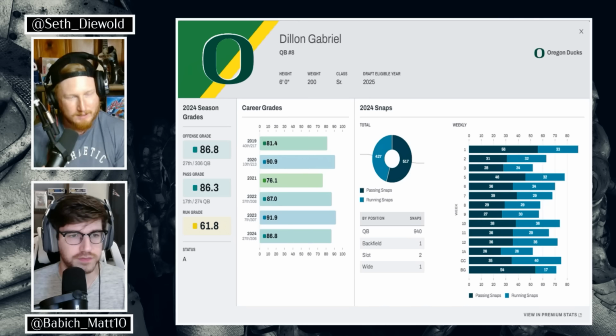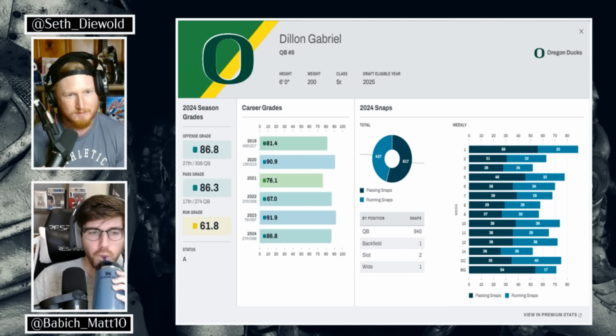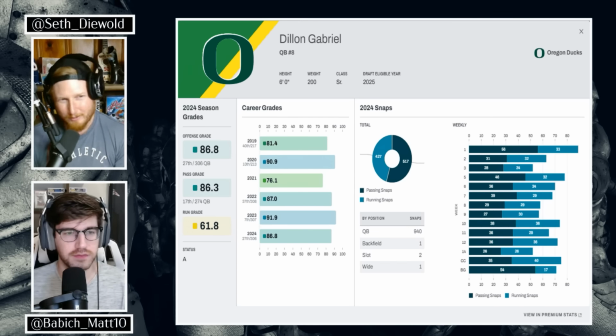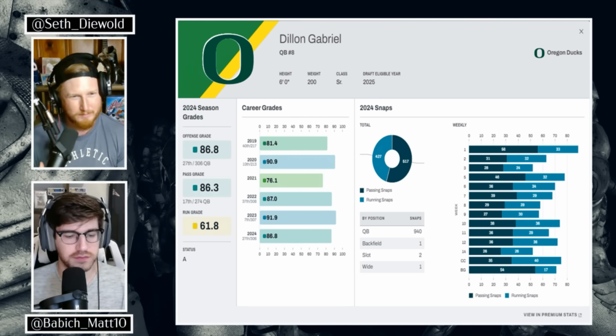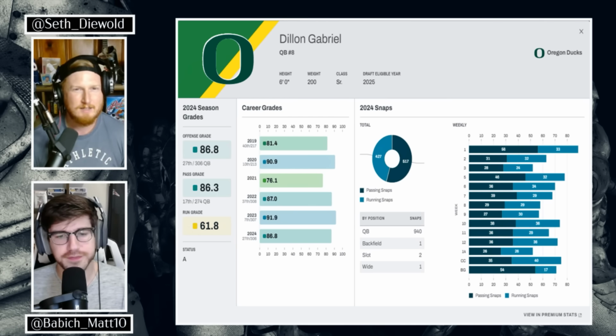Wouldn't it behoove the Cleveland Browns, because they traded back in the first round of the NFL draft and got a boatload of picks for next year, to figure out what they have in one of these rookies, whether it be Dillon Gabriel or Shedeur Sanders? It would behoove, yes.